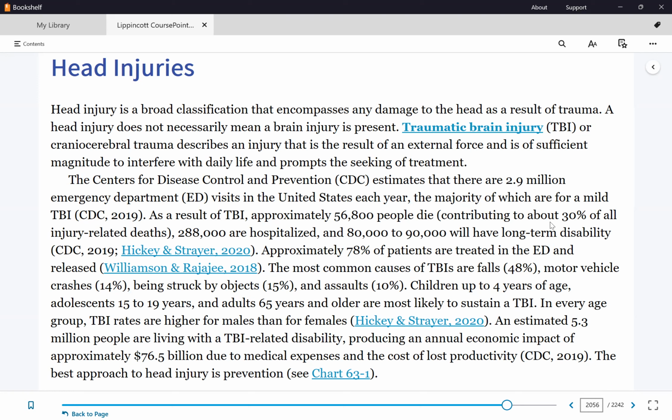Since there are only 3 things in the skull, brain tissue 80%, 10% CSF, 10% blood volume, and it's already 100%, the doctrine states that if volume in any one of those components increases, then volume in another component must be displaced. You agree? Just like that glass of water. If you add 1 more drop, it's already full. So something has to be displaced because you can't increase the skull volume or space over 100%. It's already filled.